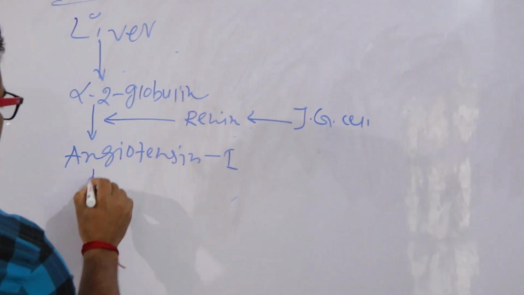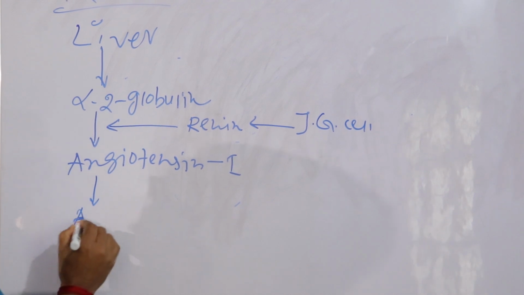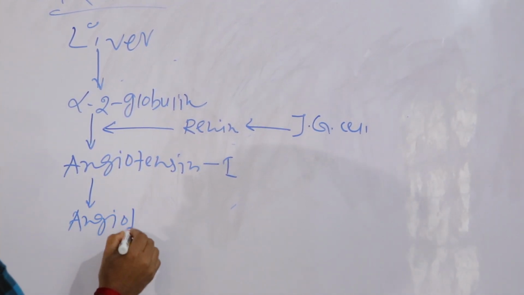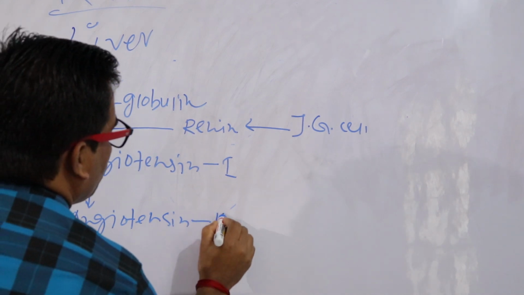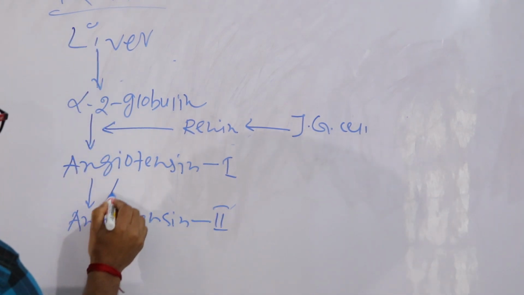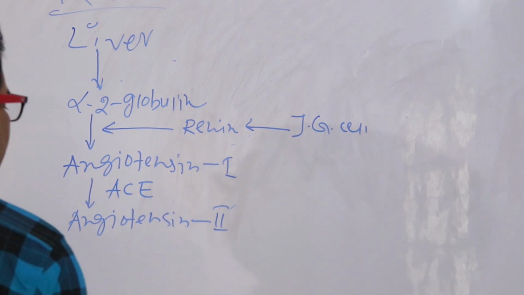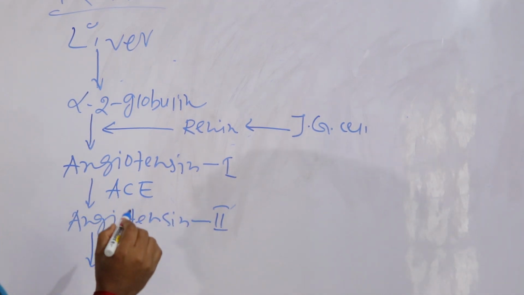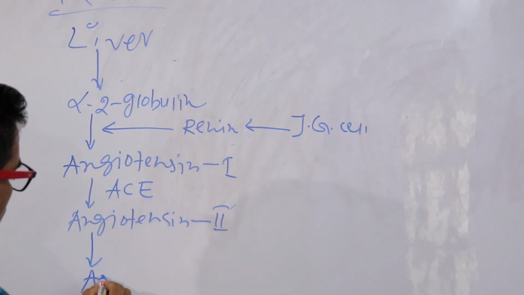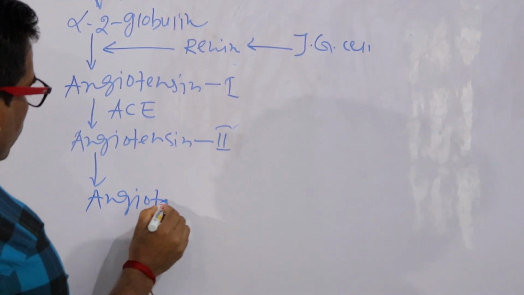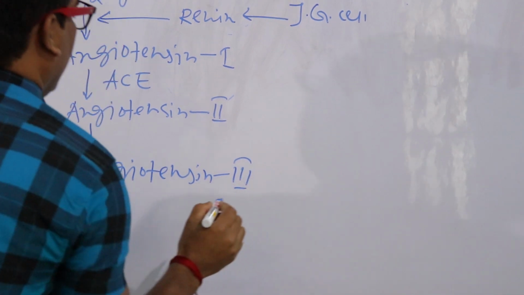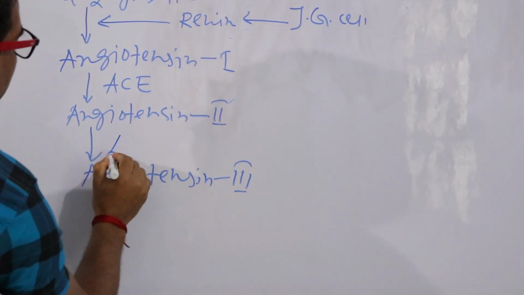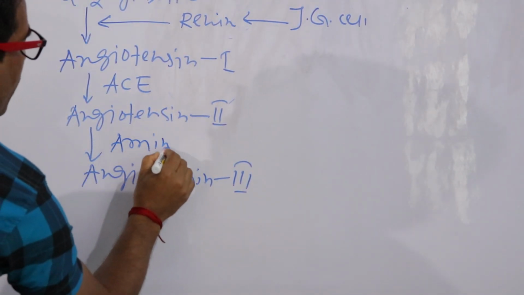Now this angiotensin 1 is converted to angiotensin 2 with the help of ACE. Then angiotensin 2 is converted to angiotensin 3 with the help of the enzyme aminopeptidase.